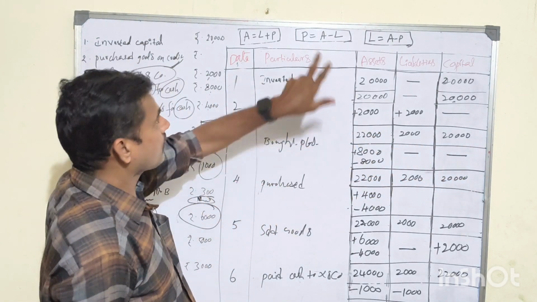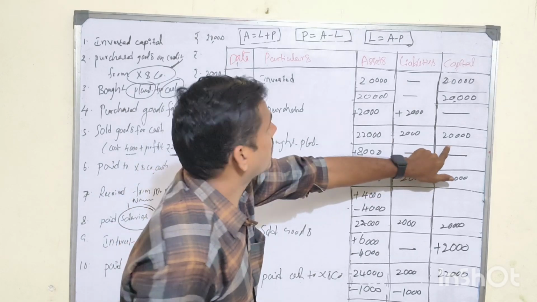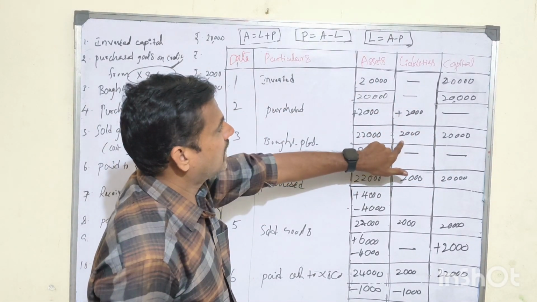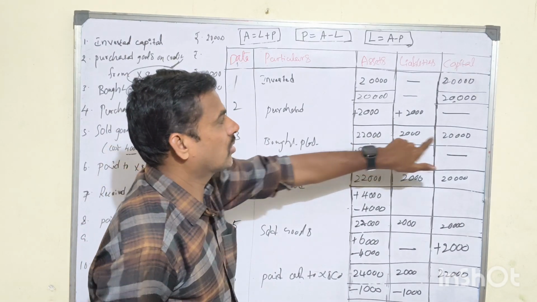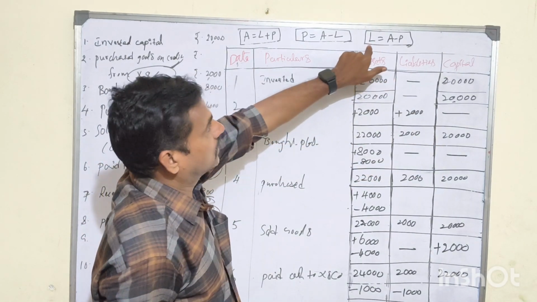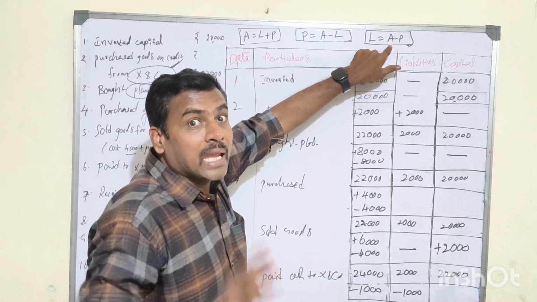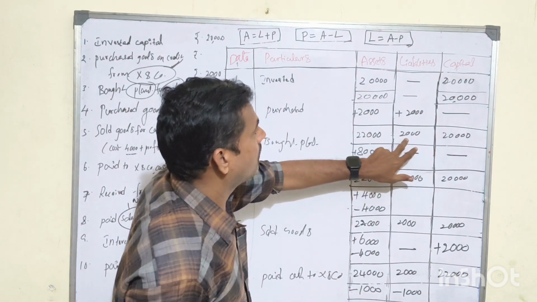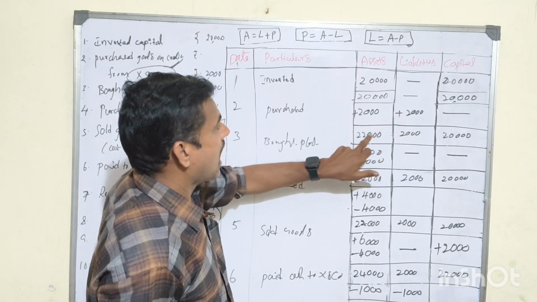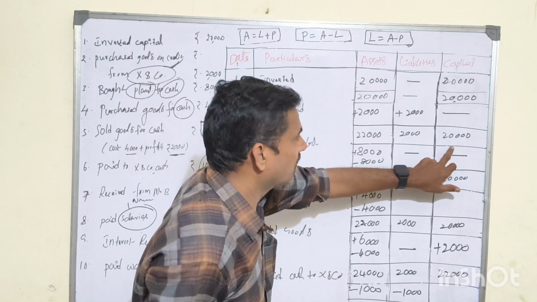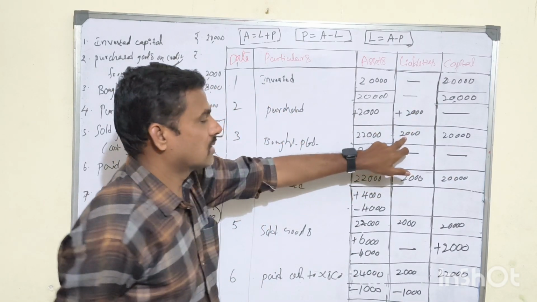My capital is equal to 20,000. That is equal to asset minus liability. 22,000 minus 2,000 is equal to 20,000. Makes sense? The next one. Liability is equal to asset minus capital. So liability equals asset minus capital. That is 22,000 minus 20,000 is equal to 2,000.